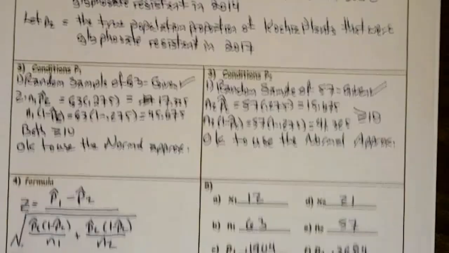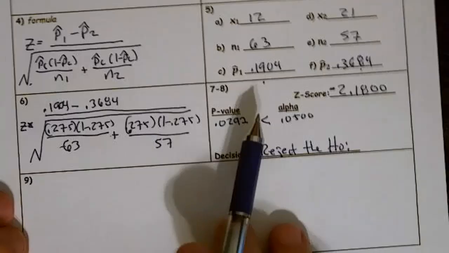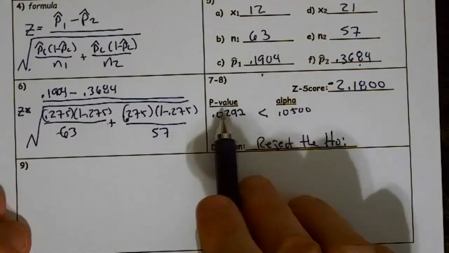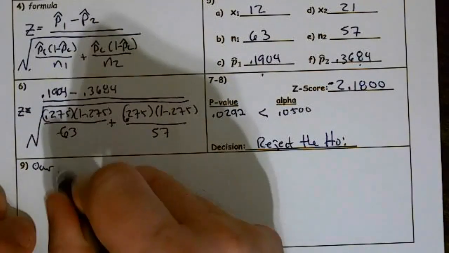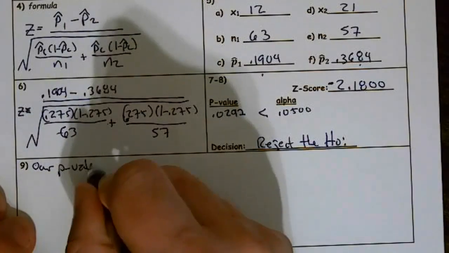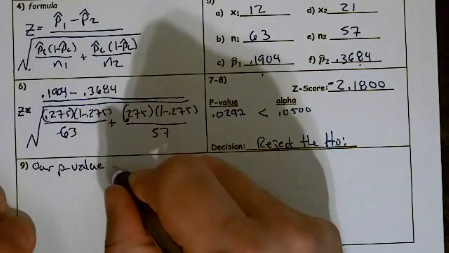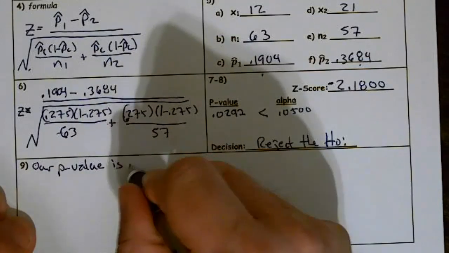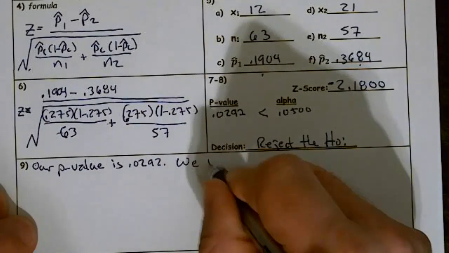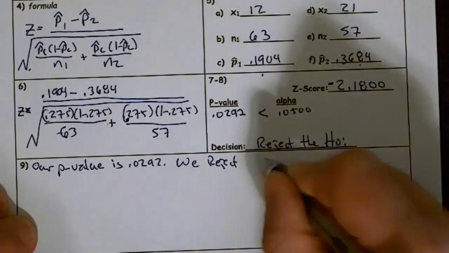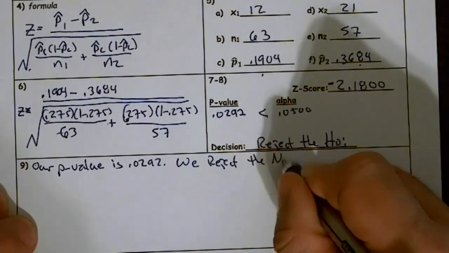All right, so our decision, our p-value, should say our conclusion, our p-value is 0.0292. We reject the null.